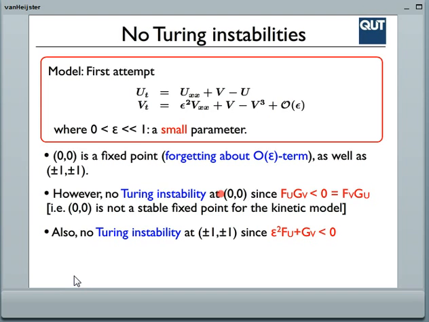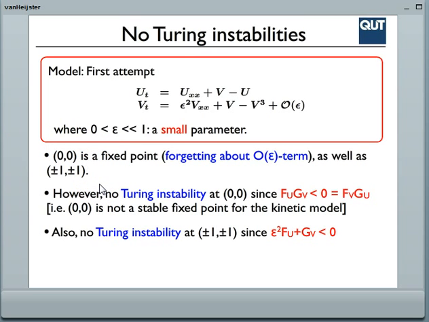Peter, I had a quick question. The reason why epsilon is strictly less than 1, is it because that helps guarantee a fixed point because of the contraction map theorem in a way? No. Why we take epsilon to be small is that in a lot of biology, concentrations diffuse and the species diffuse on different scales.